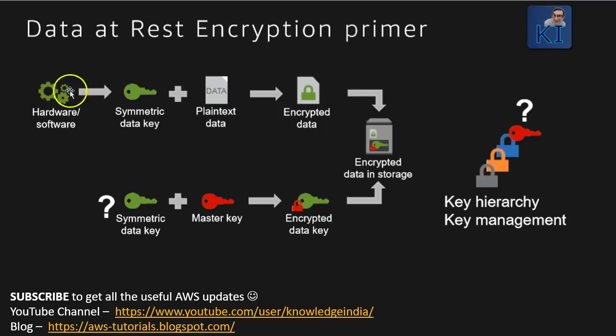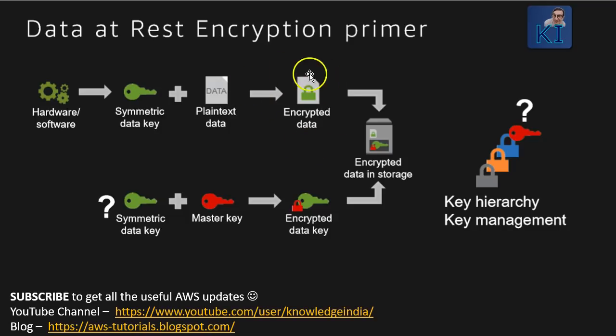So please see here, we got a data key generated, and using this data key, we encrypted the data. Whatever our plain text was, whatever data we want to encrypt, that data was encrypted using the data key. Now this data key is in the plain, readable format.